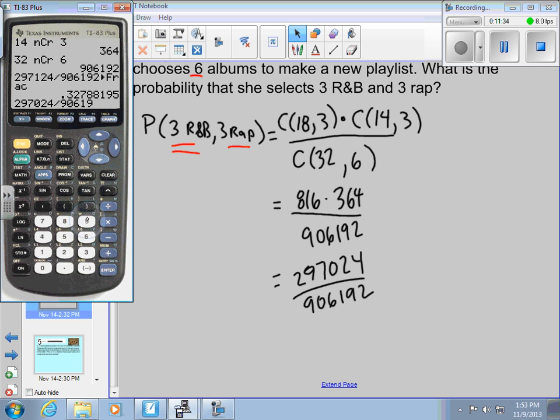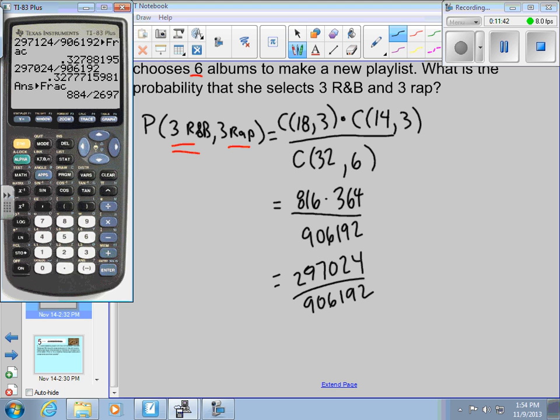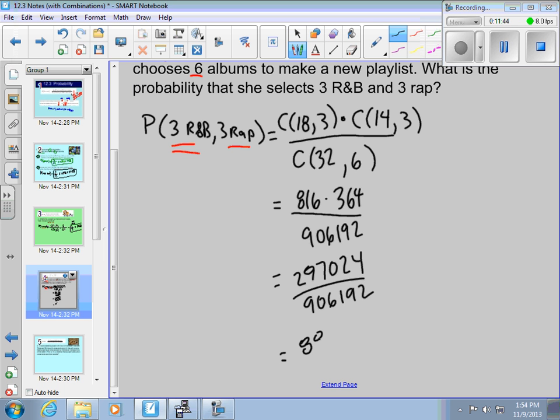It does simplify to the fraction 884 out of 2096. So that would be the simplified fraction answer.